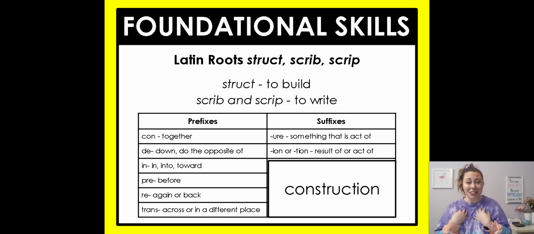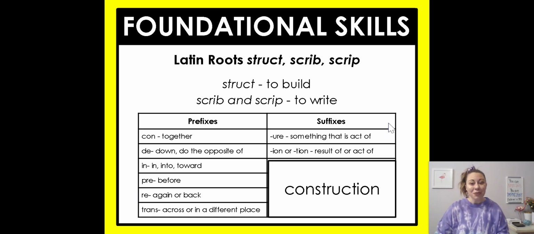So I might say the result or act of building together. If we're talking about construction, like a building being constructed, construction workers are actually building that building, they're putting it together.